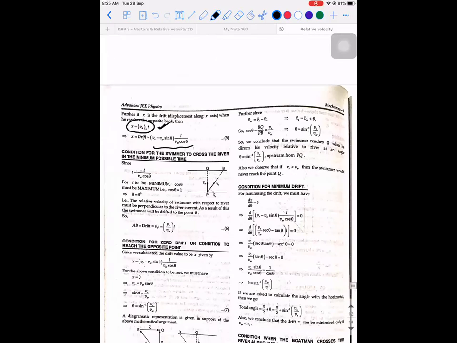Now comes the questions. What is the condition for the swimmer to cross the river in the minimum possible time? The time that we have is T is equal to L divided by VSR cos theta. So make a note, if the swimmer is trying to cross the river in the minimum possible time, he should start moving exactly perpendicular to the flow of river. Make a note.